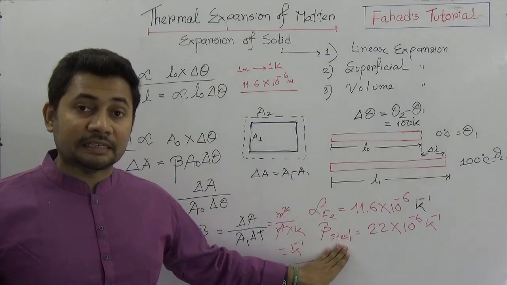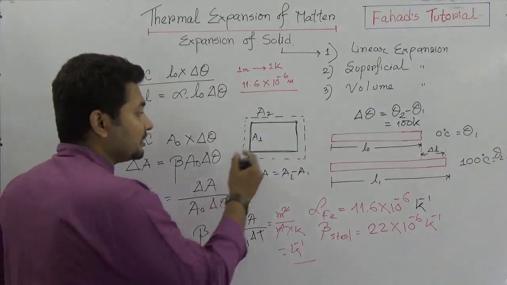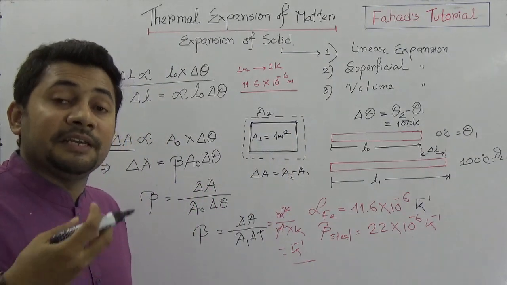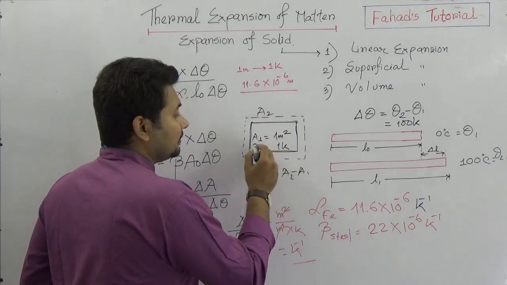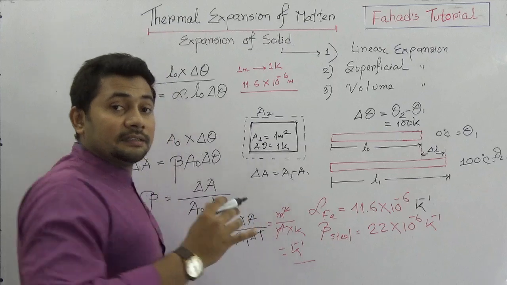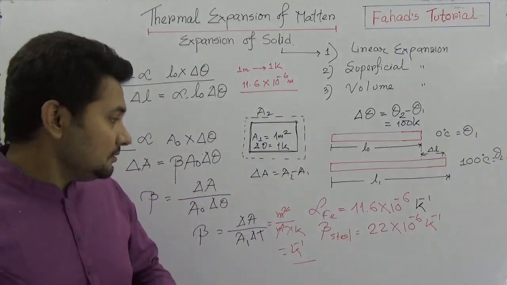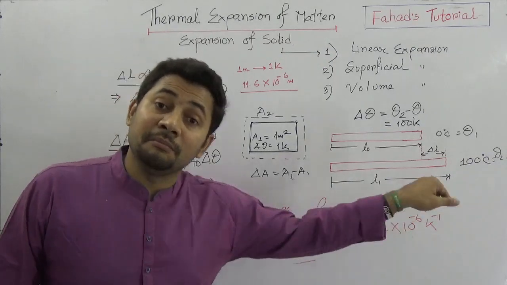The meaning of it is that if a steel area is 1 meter square, and the change of temperature is 1 Kelvin, then the area expansion of steel is 22 times 10 to the power minus 6 meter square.